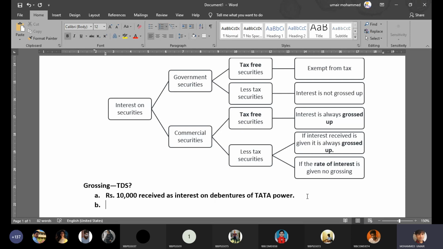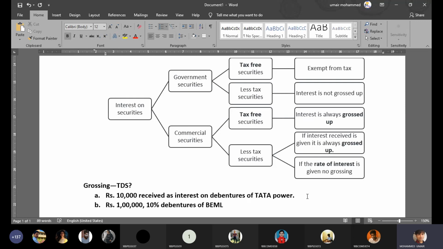Next, rupees 1 lakh, 10% securities, or let's say debentures of Bharat Earth Boards Limited.